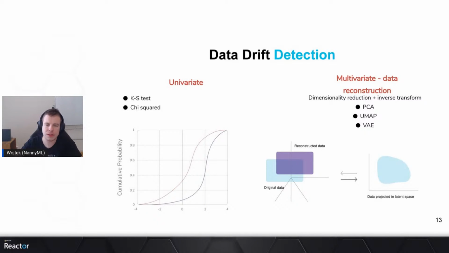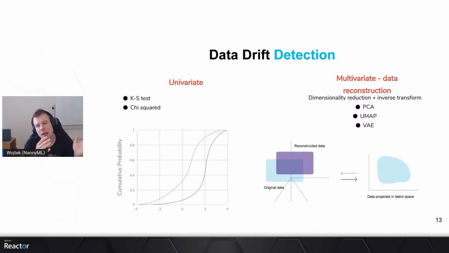So to resolve these issues, we came up with another way of doing data drift detection, and that looks at entire model inputs, the entire data set, the entire feature set at once. So we can have multivariate drift detection, and we're going to use a method that's probably familiar to you if you deal with compression techniques.